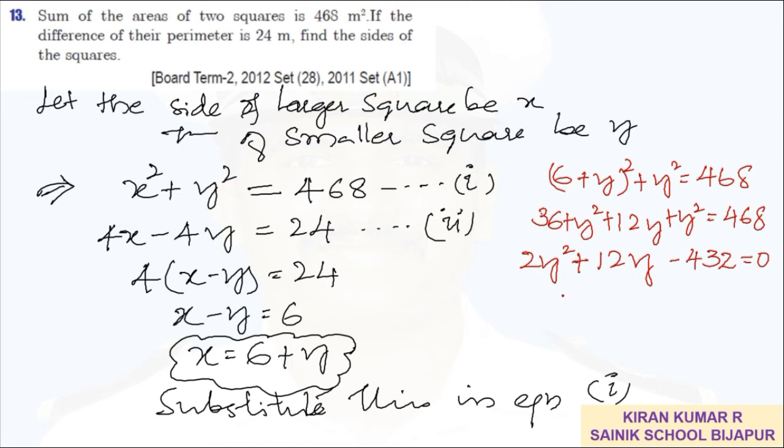We can take 2 common. If 2 is taken common, we'll be getting y square plus 6y minus 216 equal to 0.